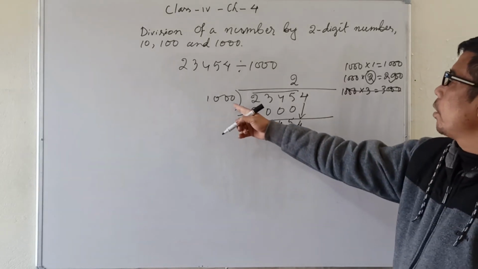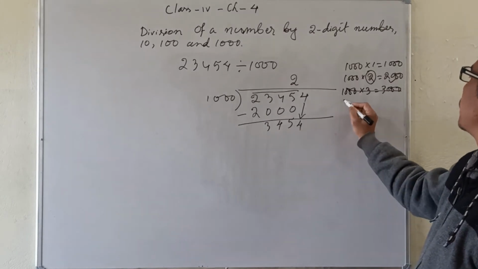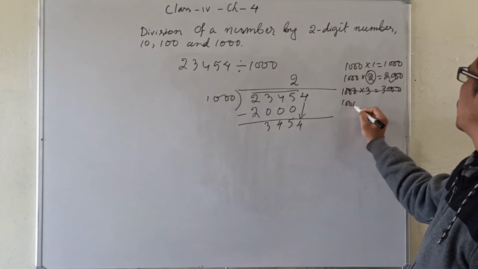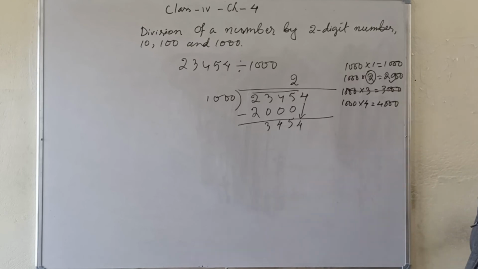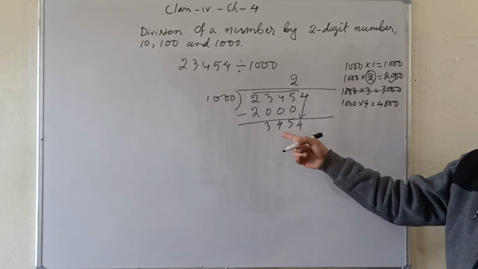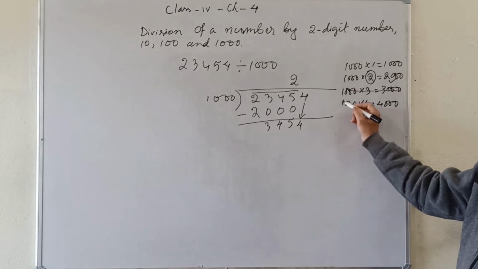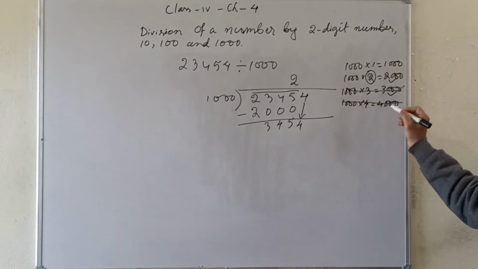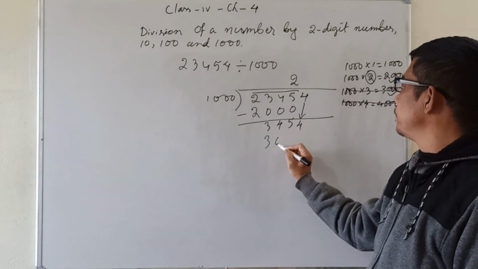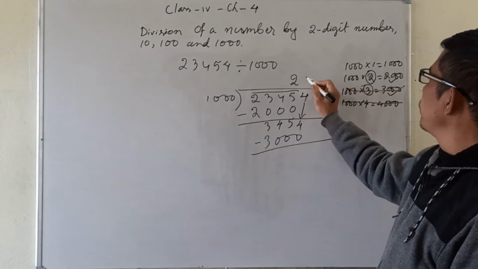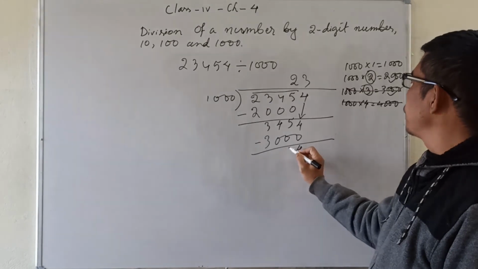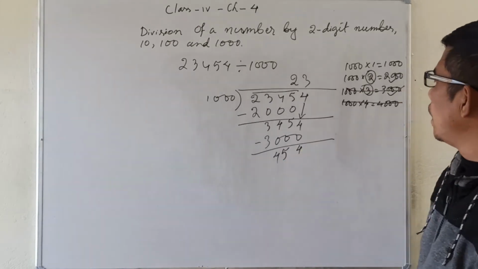Again in the multiple table of 1000, we will find this number. As 4000 is bigger than 3454, this cannot be taken. So we have to take 3000. The quotient 3 will be written. 4, 5, 4.